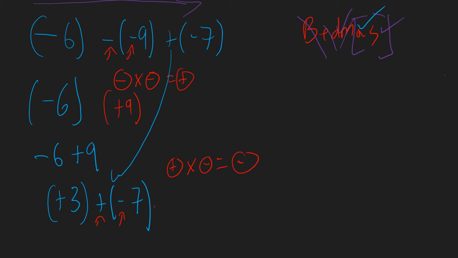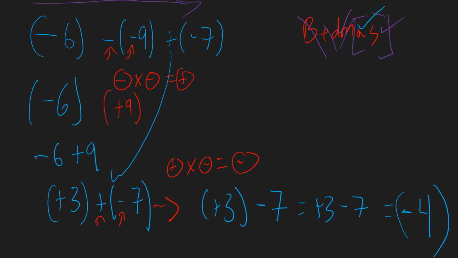So if we rewrite that right here, we have positive 3 and a positive and negative is negative 7, which essentially becomes positive 3 minus 7. Now we know from grade 7's work on integers, we have 7 negatives and 3 positives. There's more negative than positives, so the answer in the end is going to be negative, and it just becomes negative 7 plus 3. When we get rid of those 3, we are left with 4 left over, and the answer becomes negative 4.